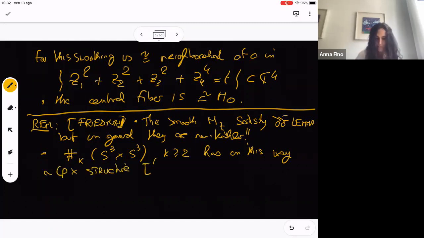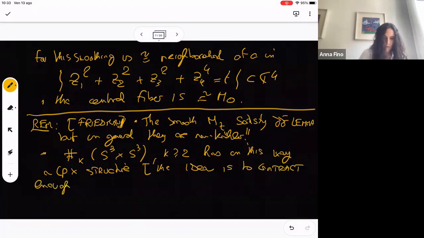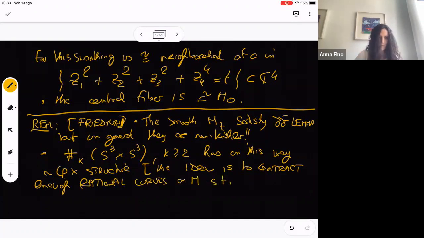And the idea of how this complex structure is constructed is to contract enough rational curves on M such that b2, the second cohomology of your manifold, is 0 for t different from 0.